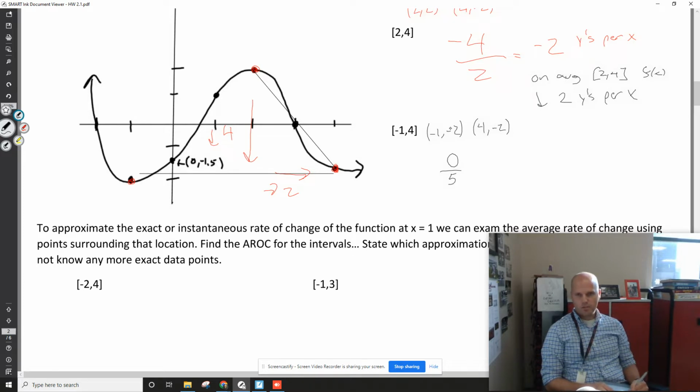And again, you do y2 minus y1 over x2 minus x1. But that's 0 per 1, or 0 per whatever, or 0 y's per x. So slopes of what we call secants tell us an average rate of change of a function.